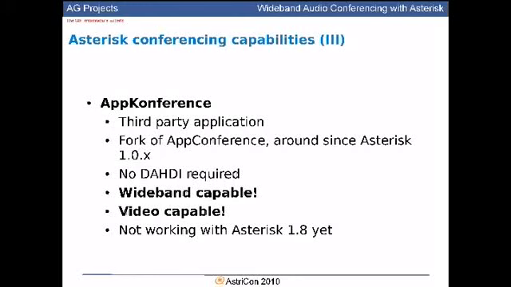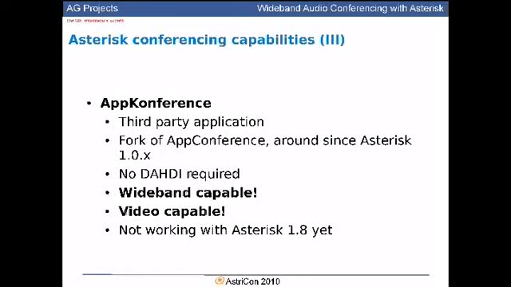So that's why they made this. But it's not in the mainstream. It's wideband capable, and it's video capable as well. It has VAD for video, so it will switch to the speaker's video source if he's speaking, of course. But it doesn't work with 1.8 yet.